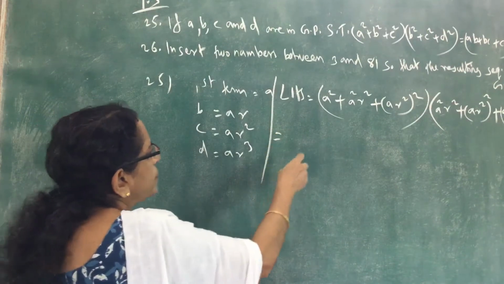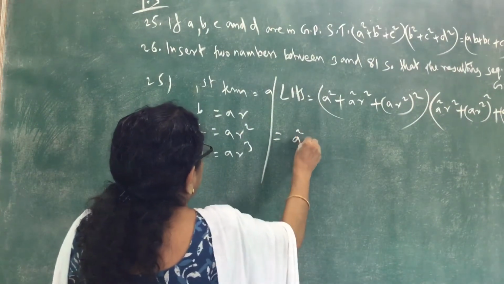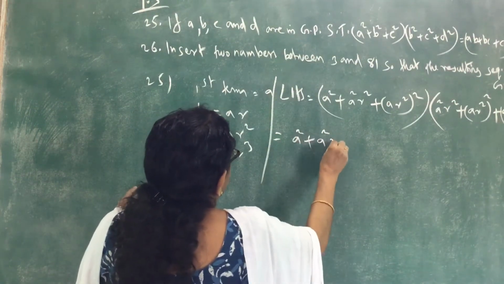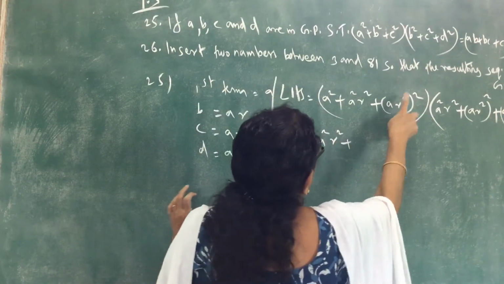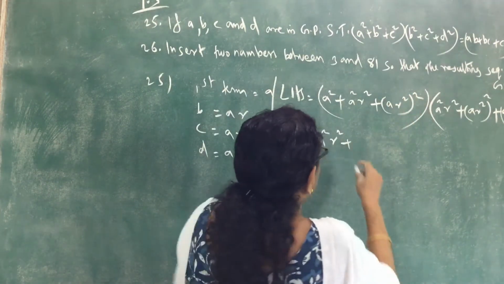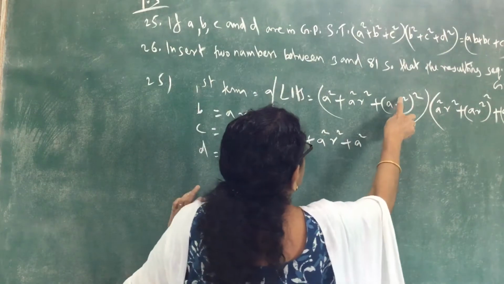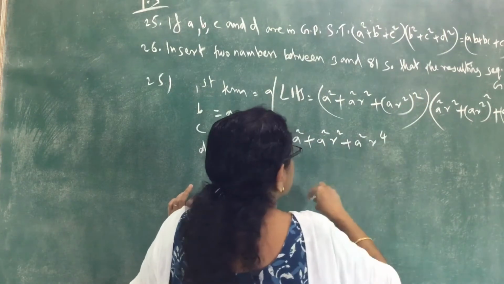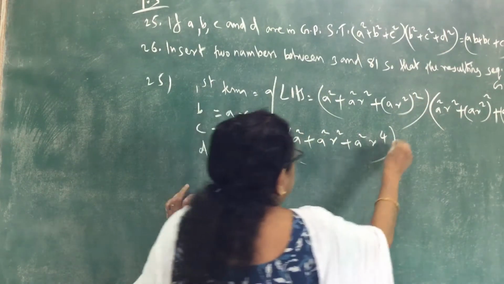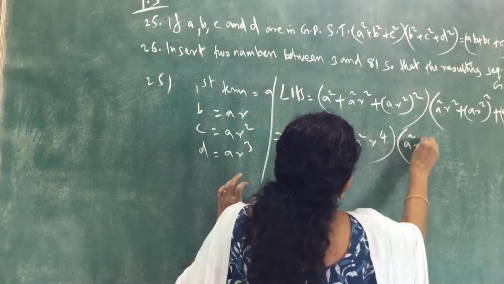That is equal to, here, A square plus A square R square plus AR square whole square, that is A square into R square square, that is R raised to 4. Here A square R square.